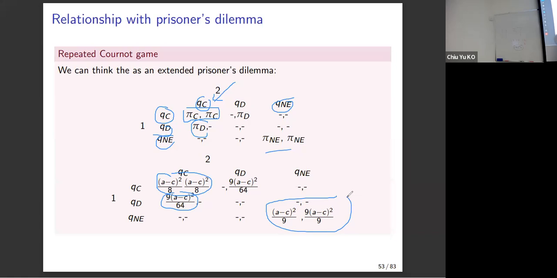So we just need to check that this forever is better than one period of this and forever that. That is the only thing. The difficult part is to figure out this one. This is easy: share monopoly. This is easy: Cournot forever. The only thing is if the other guy is honoring the deal and you are not.